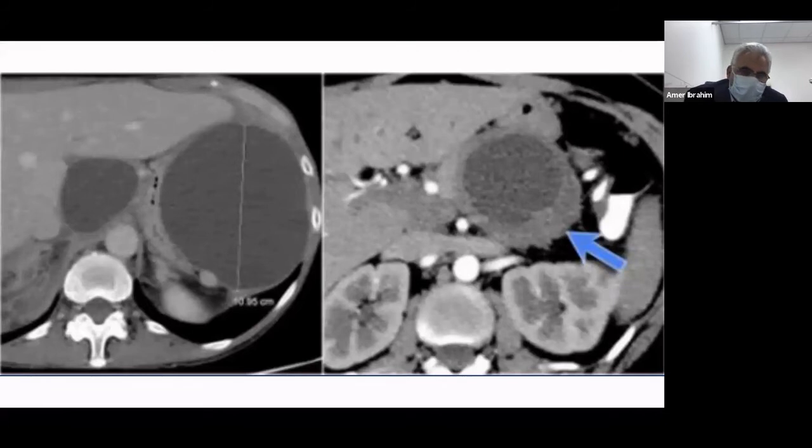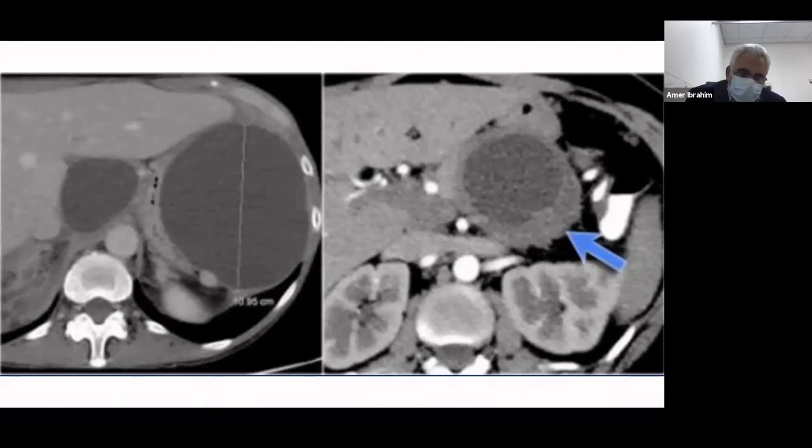Most likely this is a tumor, could be benign or malignant. On the other side of the screen we can see a cystic lesion with a line through the middle of the lesion to measure its size. The wall of this lesion is thin, you cannot see nodules, and there is no septation, so it is more likely to be a benign lesion. It is not as simple as that, but this is the main criteria we look at.